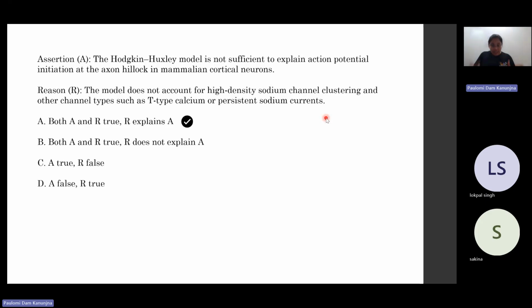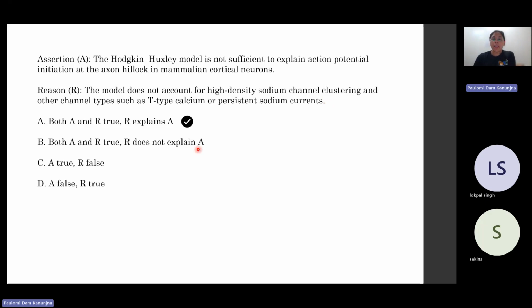And it does not do that because when this model was proposed, we did not know about the gated channels and all these ion channels. So this model only tells you, yes, it is propagated and this is the rate of the propagation, but how it is propagated or how it is generated, we did not know, right?